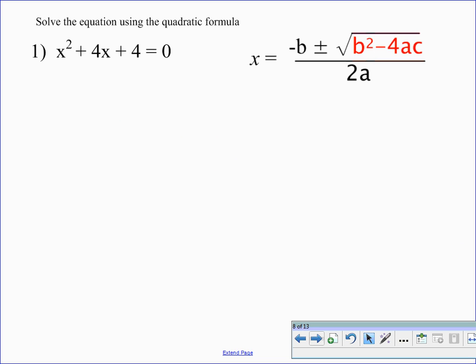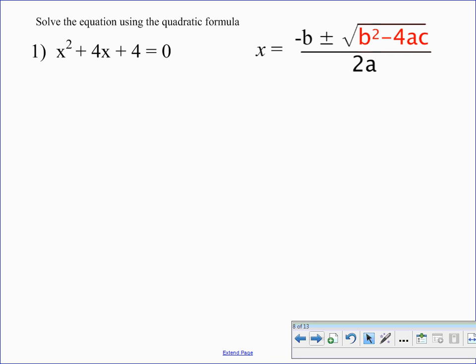Okay. Those last examples were to find out what type of answers. But it didn't actually give us the answers. If we actually want to give the answers, we have to use the entire quadratic formula. So the entire quadratic formula is right here. So let's go ahead and use that to solve this equation.